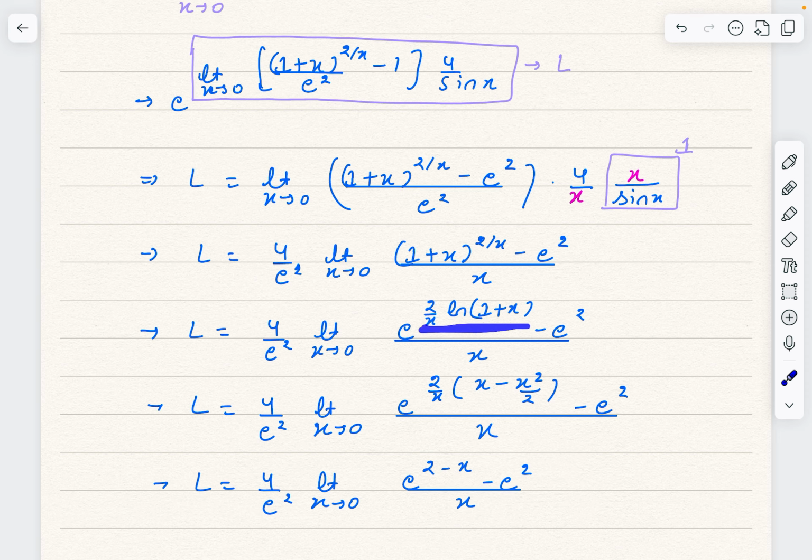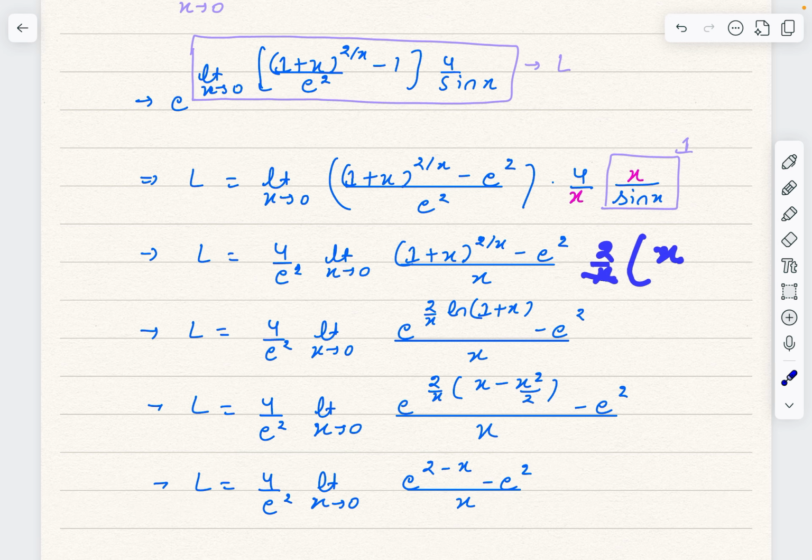e power b ln a, and then we have 2 by x ln (1 plus x). If you remember in the formula, we were just taking first term of expansion. But here what will happen is we have 2 by x outside. So if I take the expansion up to one term only, one term will be x. And this x and x get cancelled out, you will get only constant. Because outside we have 2 by x, if I just take first term, you get x.